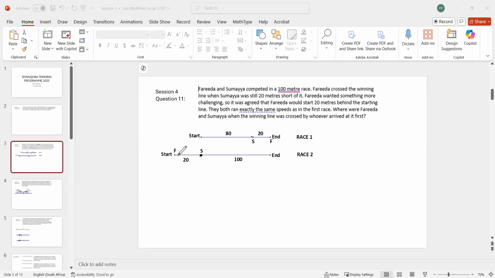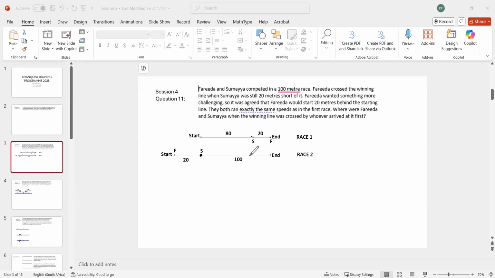So Farida runs 120 meters altogether, while Sumaya runs 100 meters. So let's see now. I told you that when Sumaya runs 80 meters, then Farida runs 100 meters.